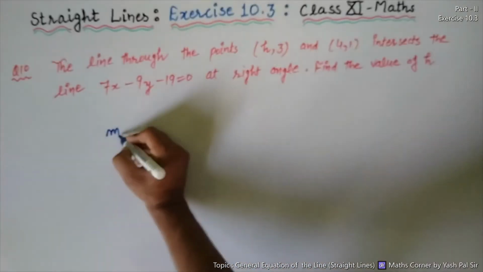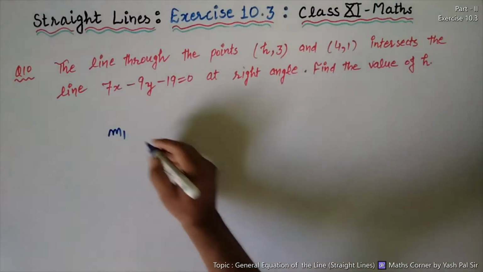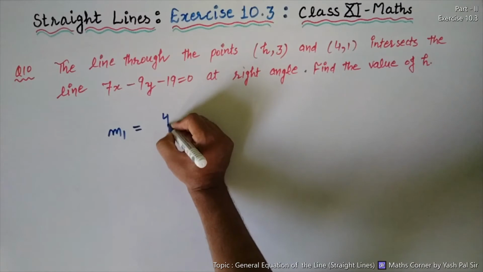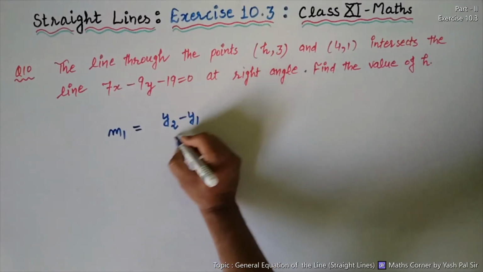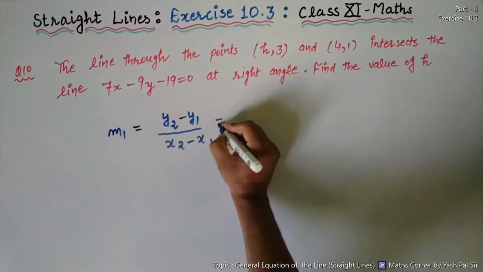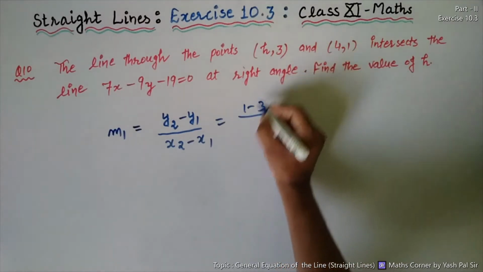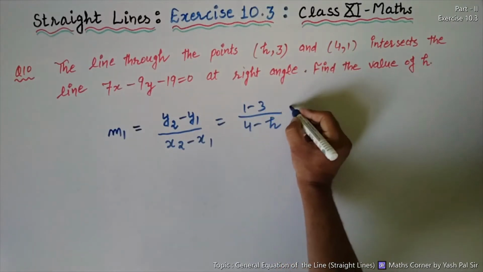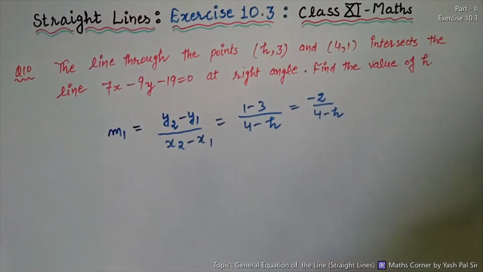Suppose the slope of the first line joining these 2 points is m1, which is calculated like this: (y2 minus y1) divided by (x2 minus x1), which is equal to (1 minus 3) divided by (4 minus h), which is equal to minus 2 upon (4 minus h).